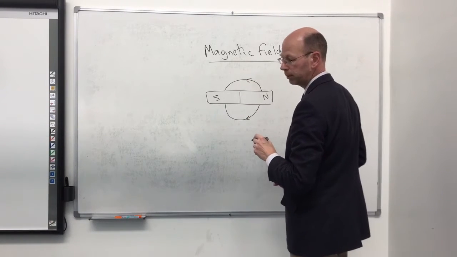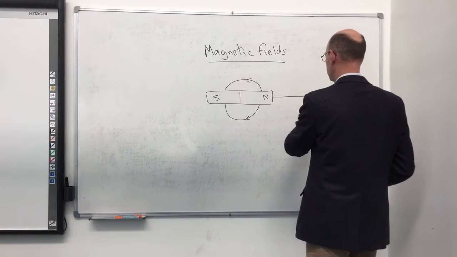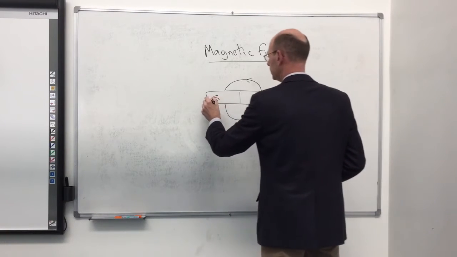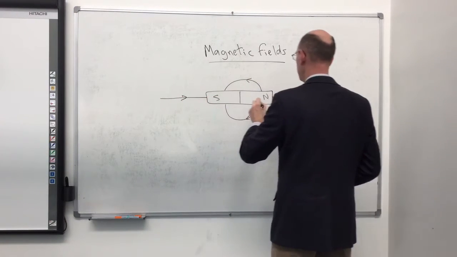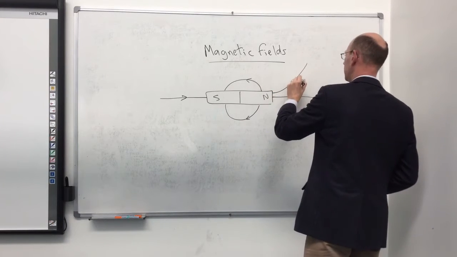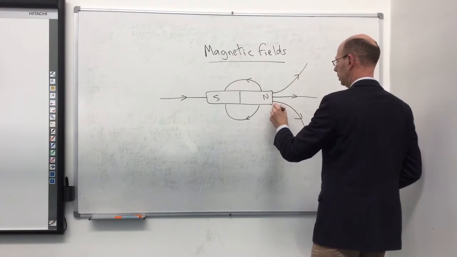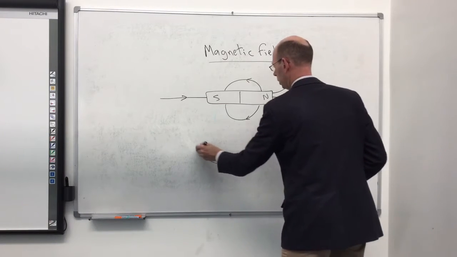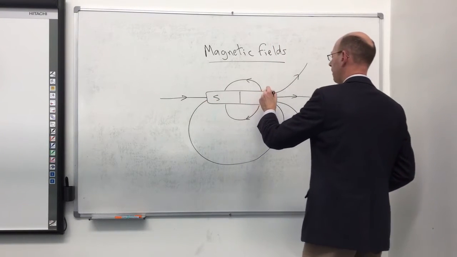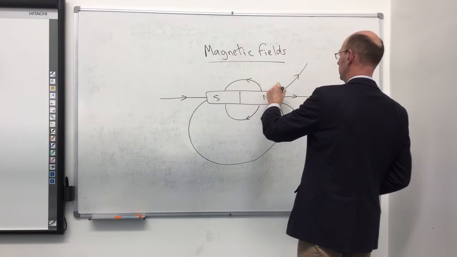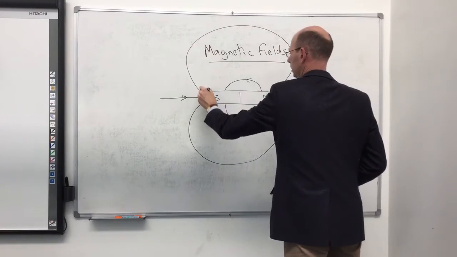We'll have some field lines coming out of the ends, this. And then we'll have some field lines curving off into space like that. And perhaps one or two more around here. And I could draw another one up here maybe.